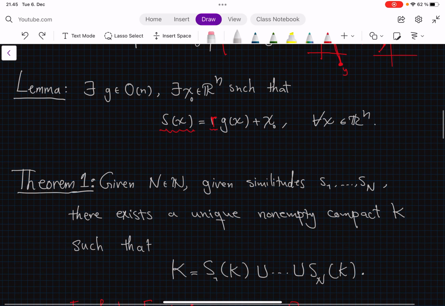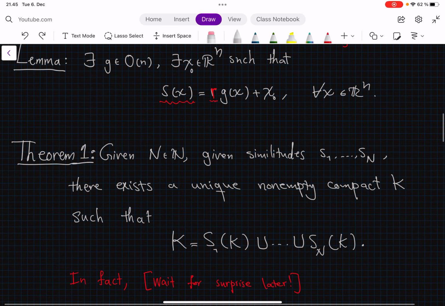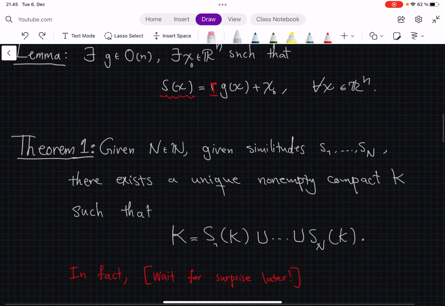Okay, so the first theorem claims that if you start with any finite collection of similitudes, so the only restriction was that they scale distances by a constant factor, each one with a different one, so this could have R1 and this could have Rn, not necessarily equal, then there exists a unique non-empty compact set K, which is invariant under these.